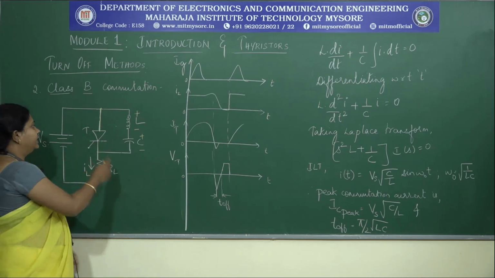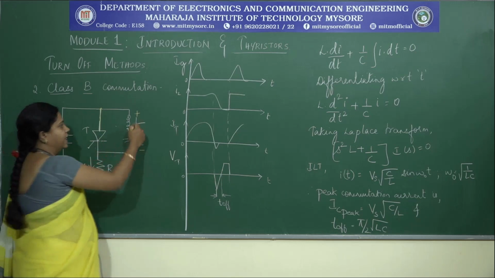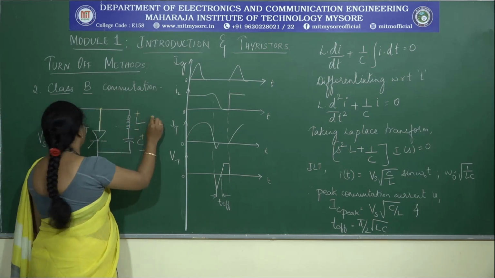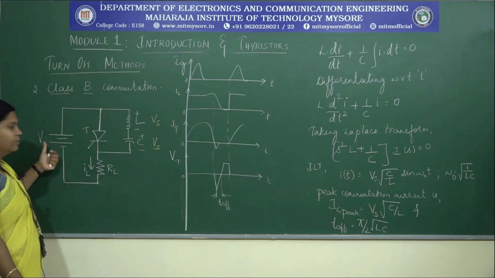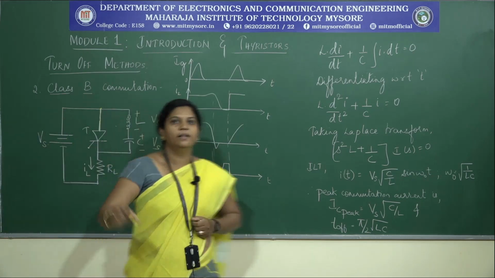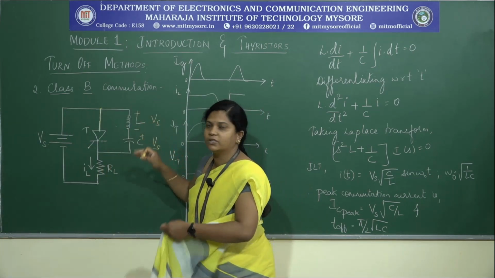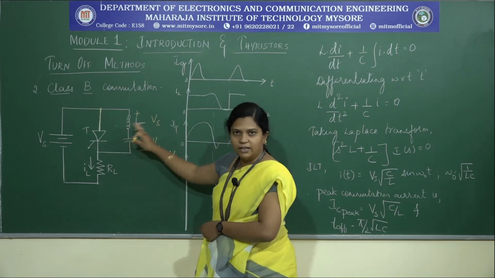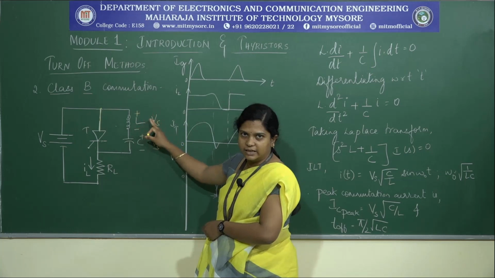Now, while the thyristor is on, the values L and C will charge up to a value of Vs. That is, if a 5 volt battery is applied here, until the stored energy equals the applied voltage Vs, the inductor and capacitor will continue to be in their charging state.